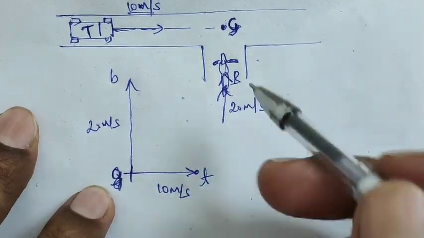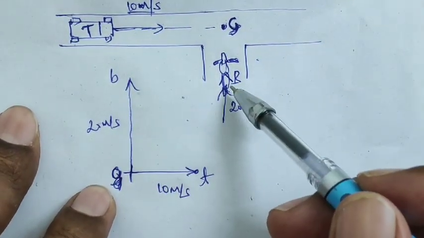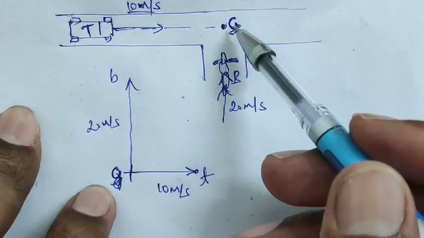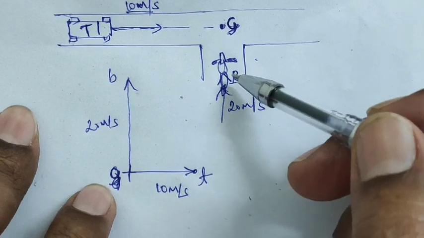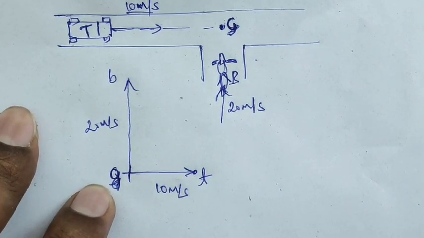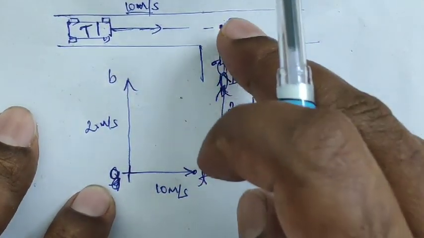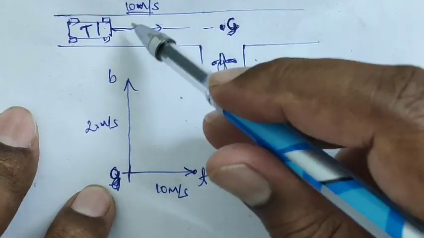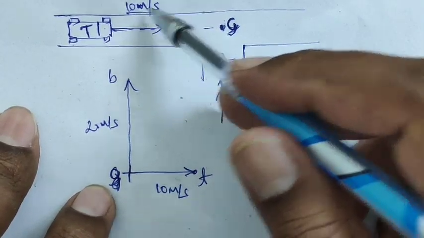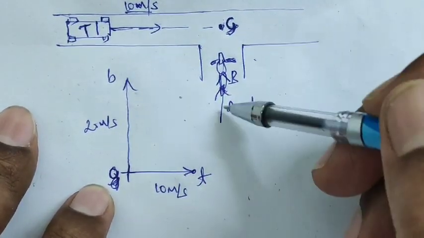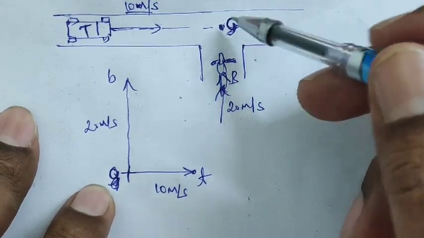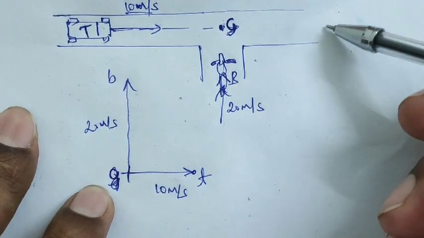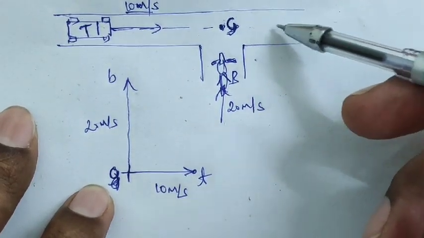Now if the biker observes the truck coming, what is the speed at which the biker will see the truck approaching him? Suppose he is standing exactly on the ground, he can see that it is approaching him at 10 meters per second, but here he is also moving like this, and the truck is also moving. But suppose it is in the opposite direction, we could have added it.